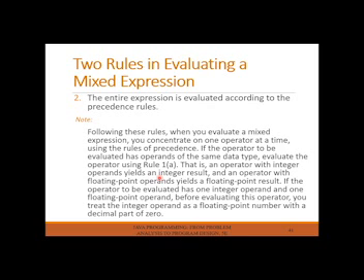That is, an operator with integer operands yields an integer result, and an operator with floating point operands yields a floating point result. If the operator to be evaluated has one integer operand and one floating point operand, before evaluating this operator, you treat the integer operand as a floating point number with a decimal part of 0. In short, convert your integer first to floating point by adding point 0.